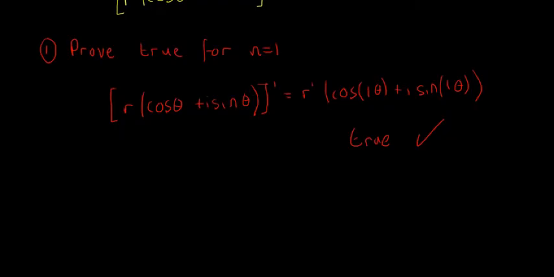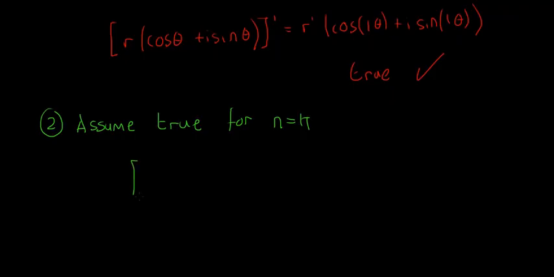Next we have to assume it's true for n is equal to k. So I'm going to write that. 2, we're going to assume true for n is equal to k. So if we write that out, let's scroll down and write this out.